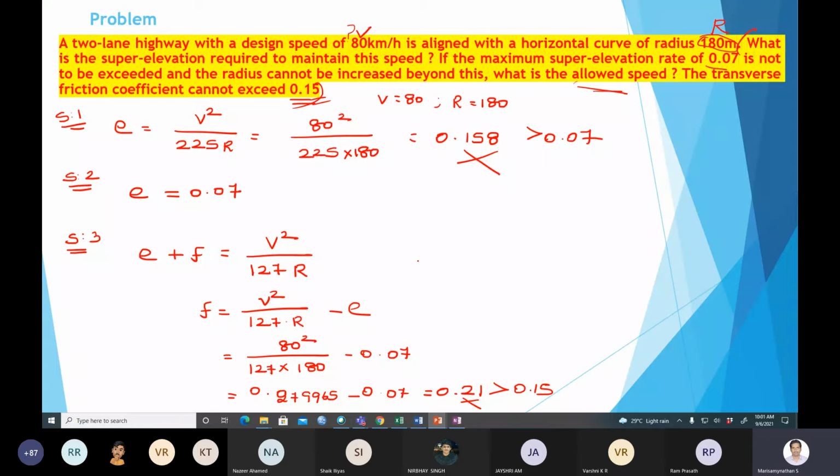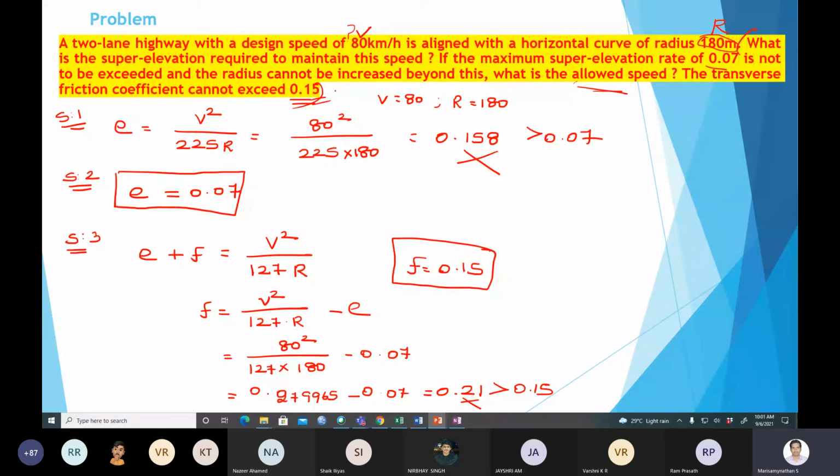So finally, we are fixing the F value as 0.15. So these are the values we are finalizing for the super elevation and the lateral friction coefficient. So the maximum super elevation was not followed as per the design. It is revised and finalized with respect to the IRC standard.